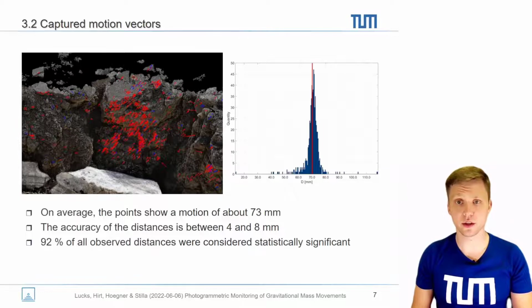The calculated accuracy of the length of the motion vector is between 4 and 8 millimeters. The red arrows on the left figure belong to significant and the blue arrows to non-significant vectors. Only 8% failed the statistical test, assuming a confidence interval of 95%.